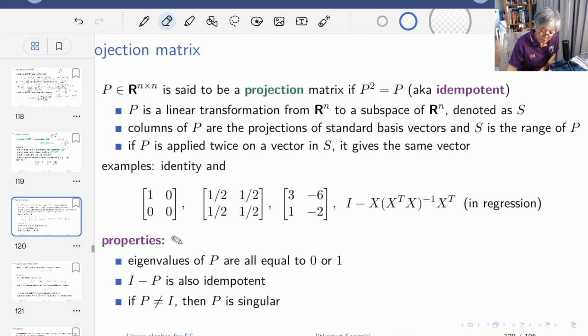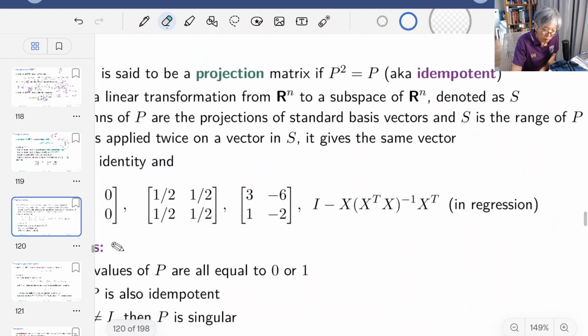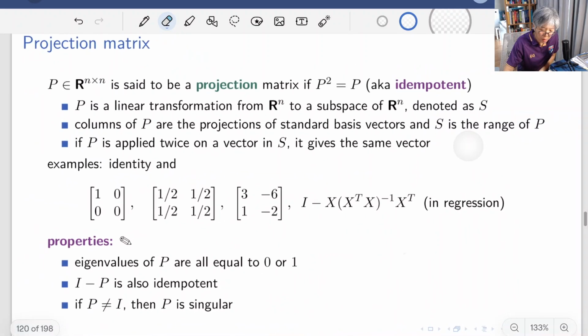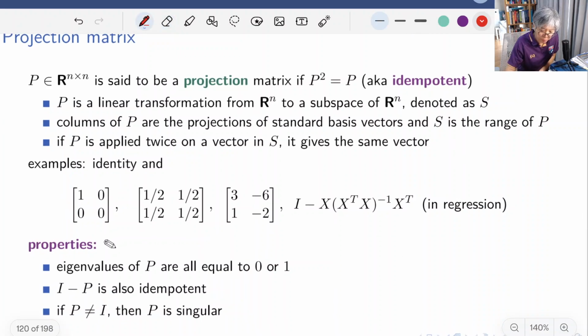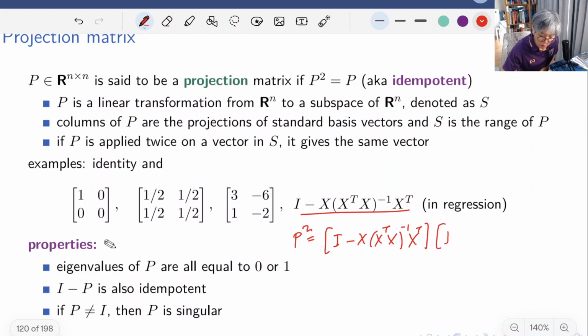Let's examine another one. What about this matrix? In regression, this matrix actually has a meaning of orthogonal projection that we're going to talk about shortly. But can you square this? This is going to be I minus X (X transpose X) inverse X transpose, and I multiply with this again.